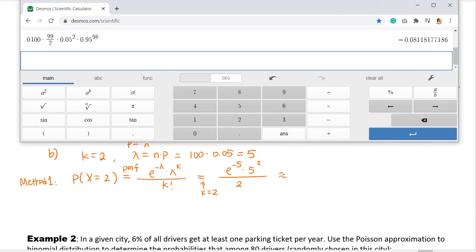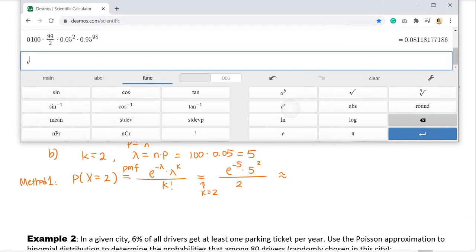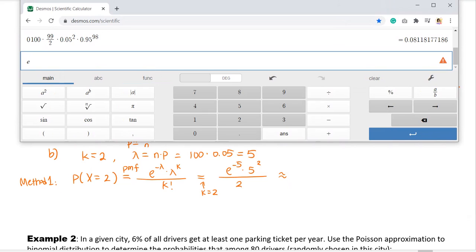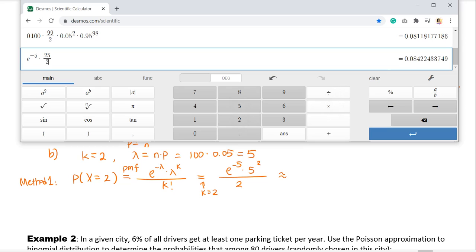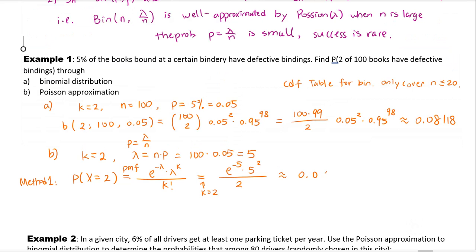So we have e to the minus 5, and then times 5 squared, which is 25, divided by 2. So we get 0.08422. Now you can see it's kind of close. Okay, so this is method 1.